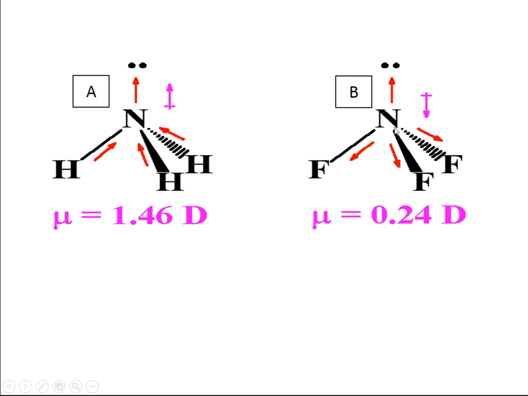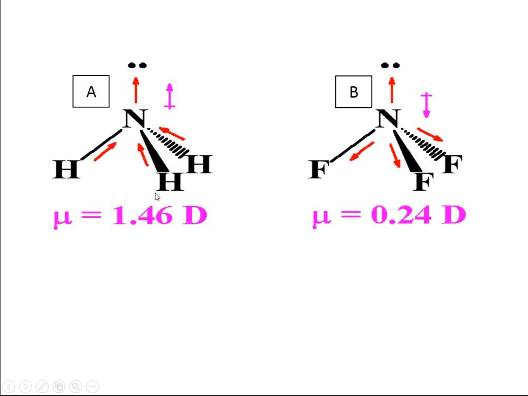Now when you come here, you have the opposite effect. Fluorine is more electronegative than nitrogen. So in this case, the dipole moment moves from nitrogen to fluorine, as you can see here. Nitrogen, fluorine, and the total dipole moment moves down, as indicated by the arrow.